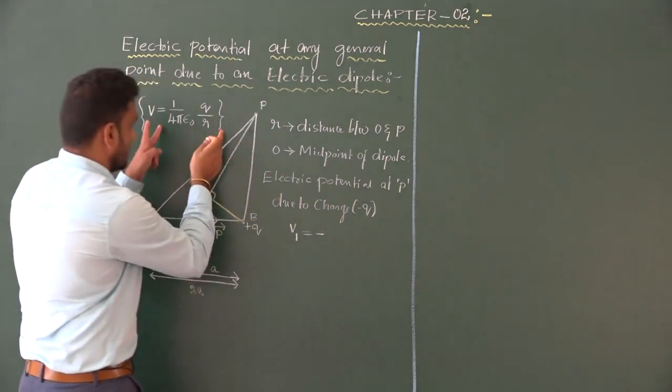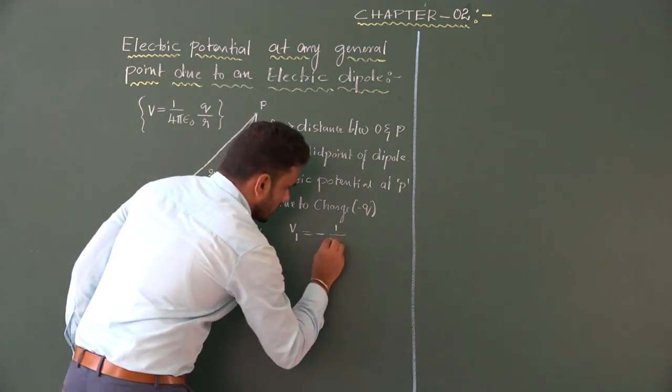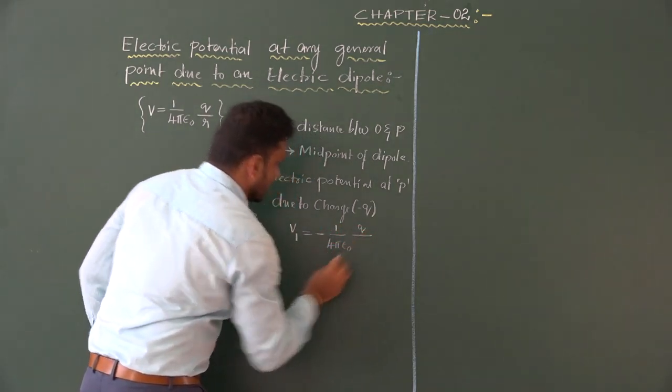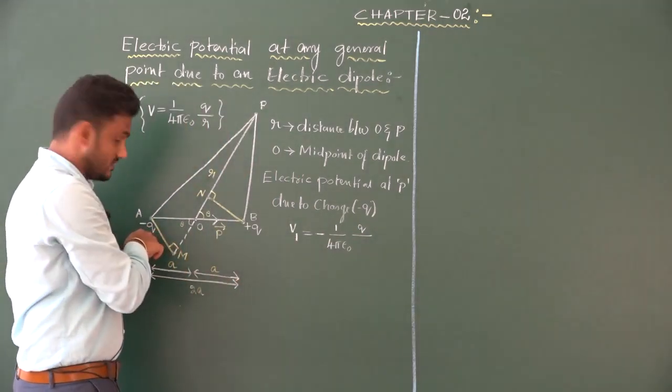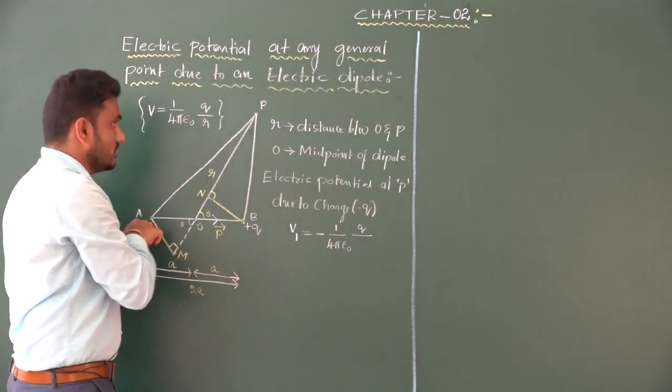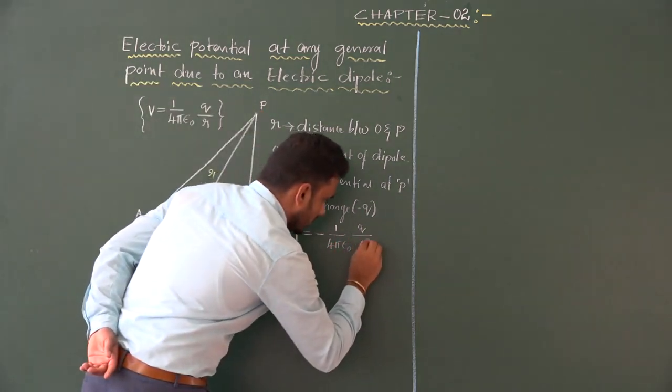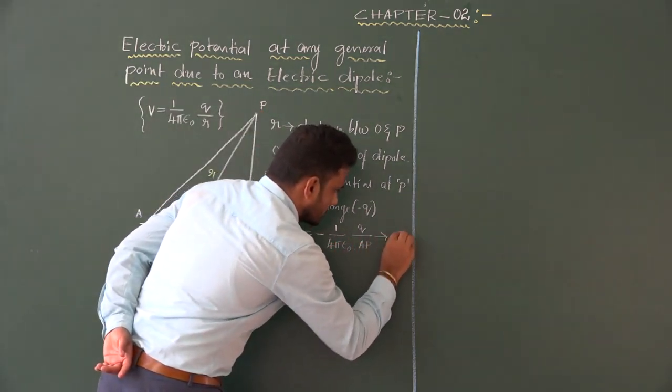I am using the same equation, 1 over 4 pi epsilon naught Q divided by the distance between the negative charge and the point P, which is AP. So, I will write AP, and mark it as equation number 1.